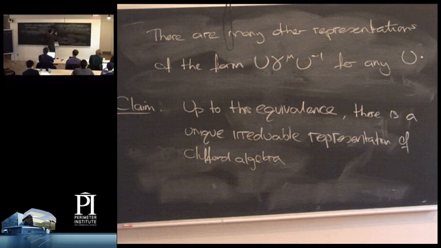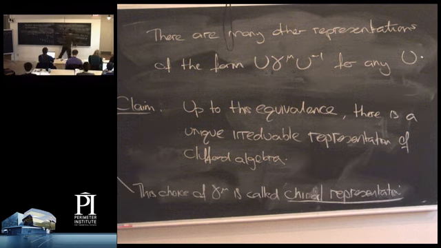So it's a theorem, but one that I'm not going to prove, that up to this equivalence, meaning multiplying by U and U inverse, there is a unique irreducible representation of the Clifford algebra.